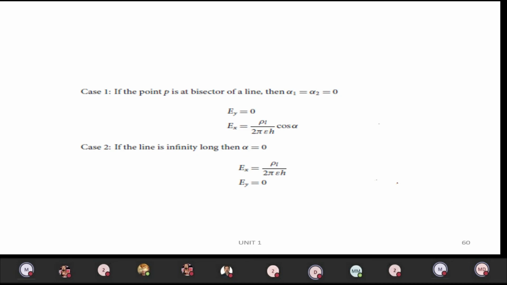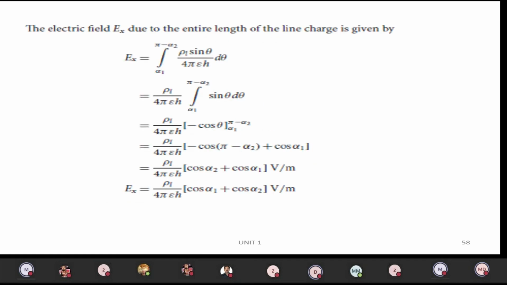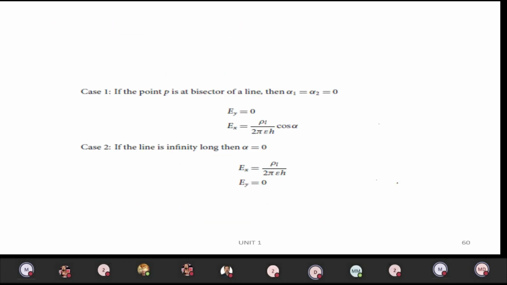For the perpendicular bisector, alpha 1 and alpha 2 are the same, so sin alpha minus sin alpha is 0, and cos alpha plus cos alpha gives the 1 by 2. So Ex equals rho L by 2 pi epsilon h cos alpha. Only for an infinitely long conductor do you consider alpha equal to 0. So Ex equals rho L by 2 pi epsilon h and Ey equals 0.